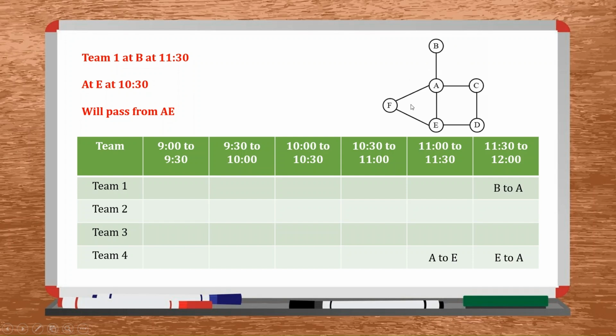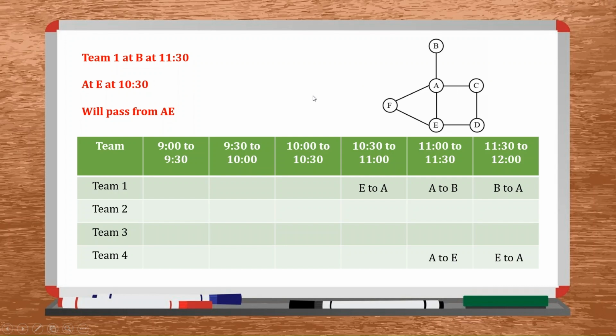That means it will be traveling from B to A. First, it will be traveling from B to A because it needs to reach A at 12 o'clock. So first let's mark B to A, and then we know that to reach B at 11:30, it needs to travel from E to A, then A to B. So these two values can also be frozen.